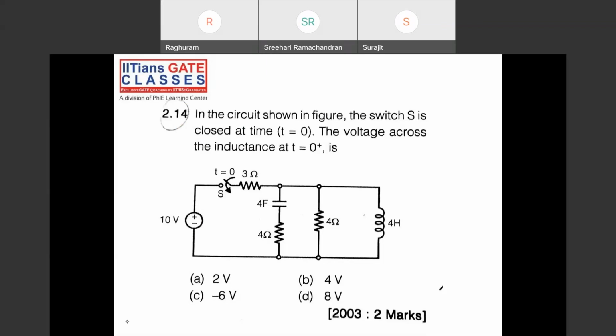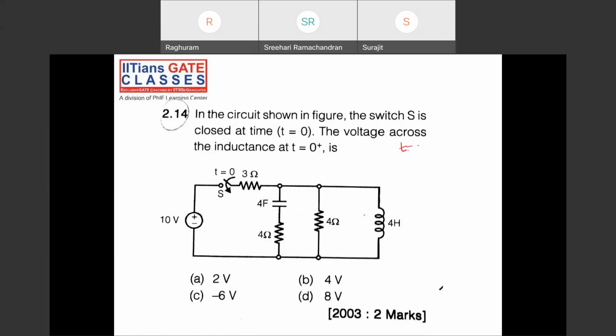So at t equal to 0 plus, what happens to the inductor? What happens to the inductor just after the switch is closed? It's a 4 volt. Open circuit. Yes, 4 volts. At t equal to 0 plus, you have to draw the circuit.